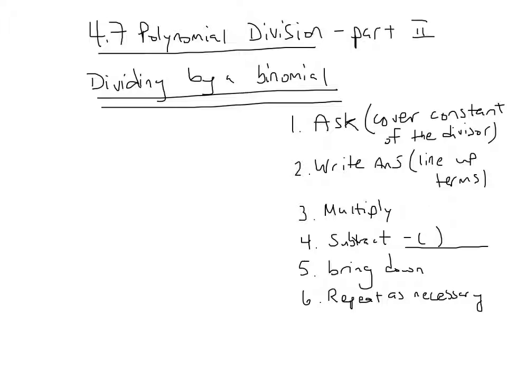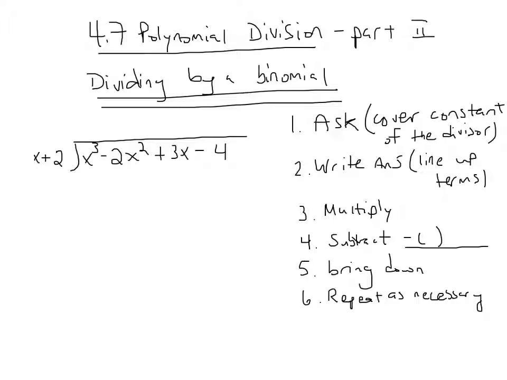Alright, so here is an example of what that might look like. We might do the following problem: x cubed minus 2x squared plus 3x minus 4 divided by x plus 2.